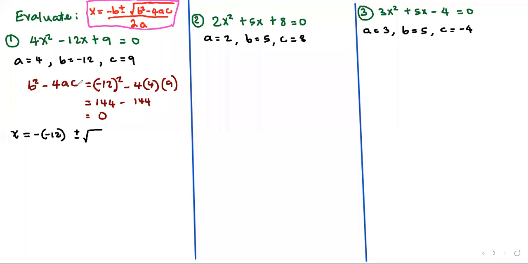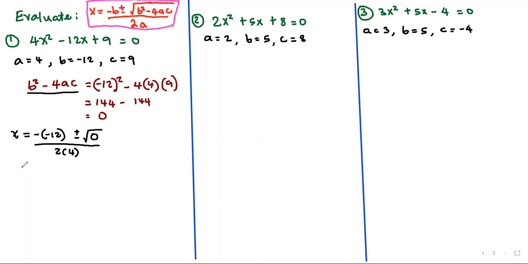We have already seen that it is 0. So this means that we shall say the square root of 0, out of 2a. So that is 2 times a, and a is 4.